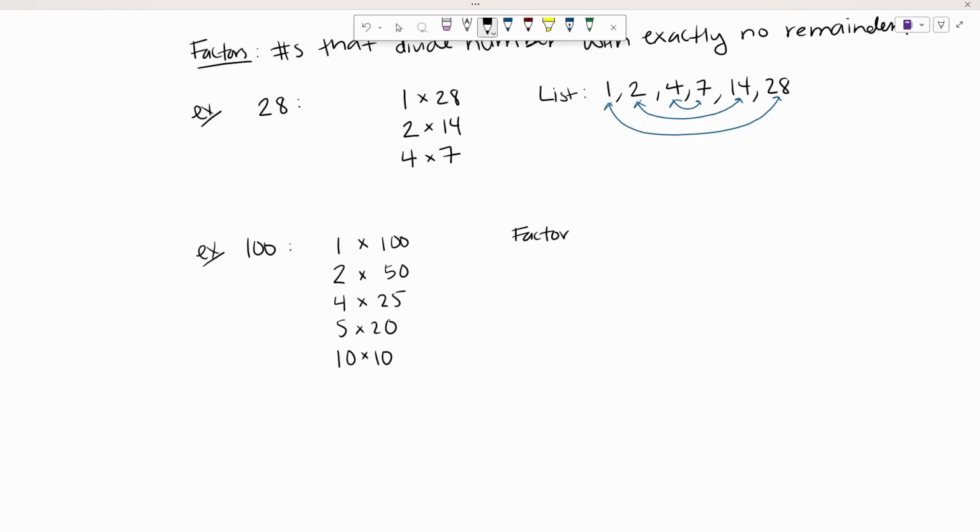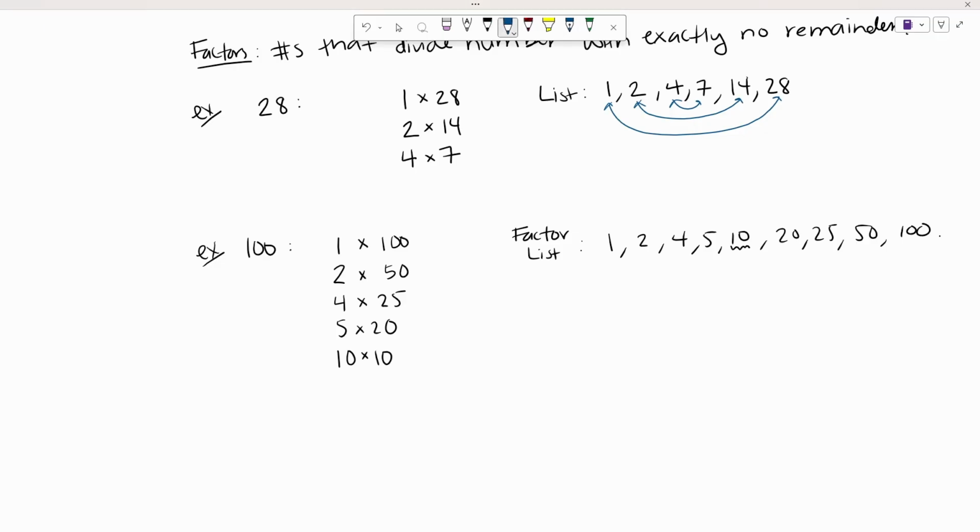So the factors of 100 look like this: 1, 2, 4, 5, 10, 20, 25, 50, 100. We do not write the 10 twice because we make a unique list of factors when we're doing so.